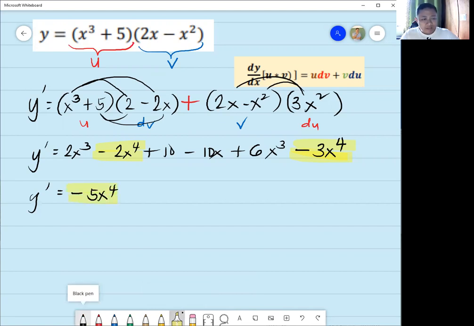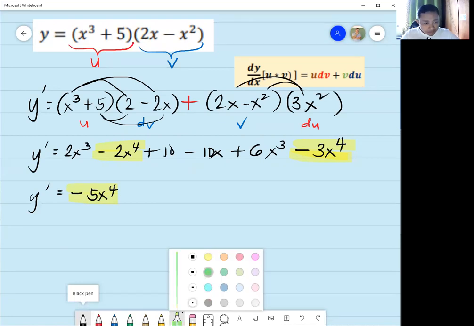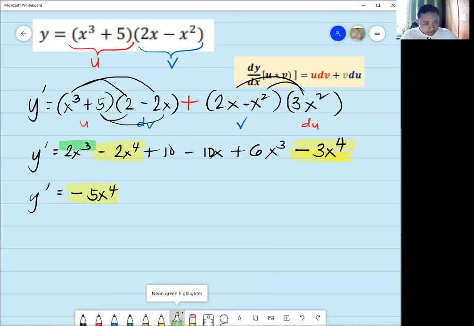Okay. Next is, ano yung next na pareho? Ito. 2x cubed and 6x cubed. So that becomes 6 plus 2, 8x cubed. Okay, and that is from my green colors. After that, wala na. Wala lang i-add.